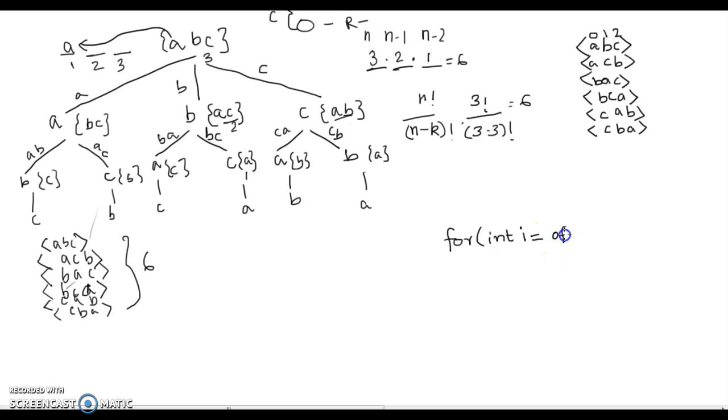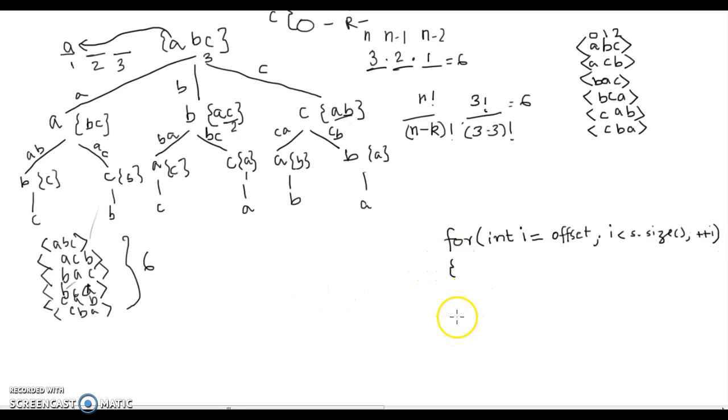So we start from an offset, and we can go till the size of the string, which is input string s.size. We can choose that many, and i is incrementing every time. So that is our for loop.